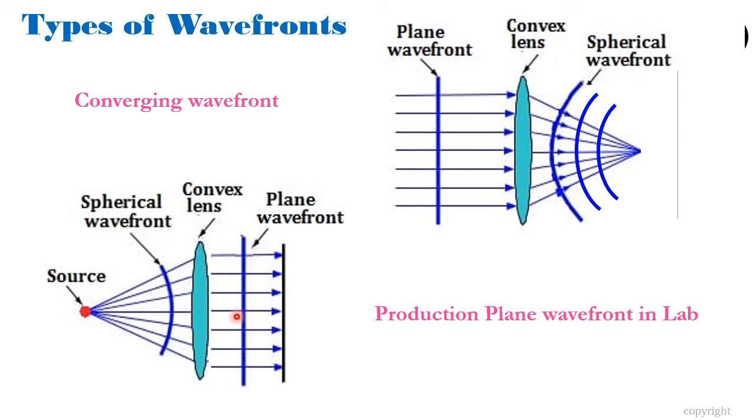As the image is formed at infinite distance, it means these rays are parallel, or wave normals are parallel. Meaning the wavefront which is observed is plane wavefront. So in this way, we can produce converging wavefronts as well as plane wavefront in the lab for experimental purposes.